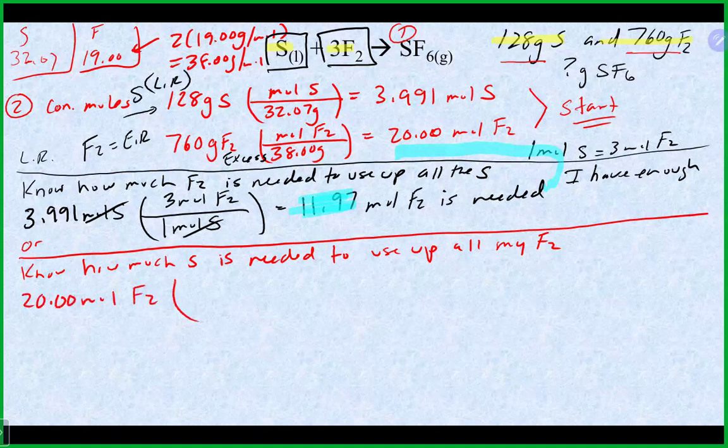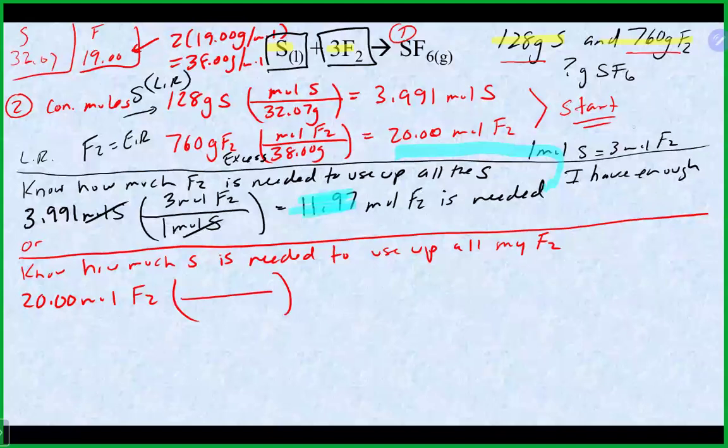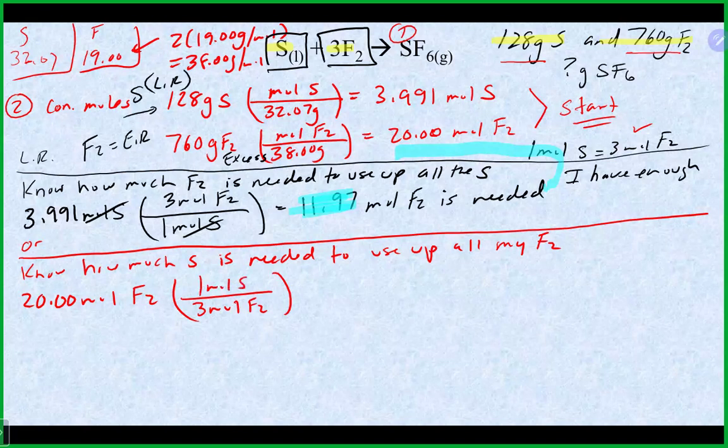I will use the same relationship from the equation up here: 3 moles of fluorine on the bottom and 1 mole of sulfur on top. The moles of fluorine will cancel. I'll take my 20 divided by 3, and I end up with 6.67 moles of sulfur needed.